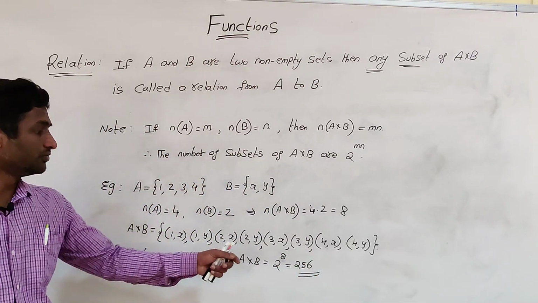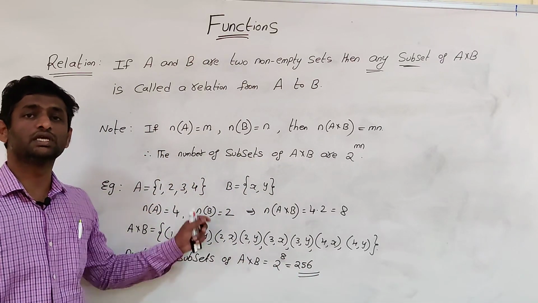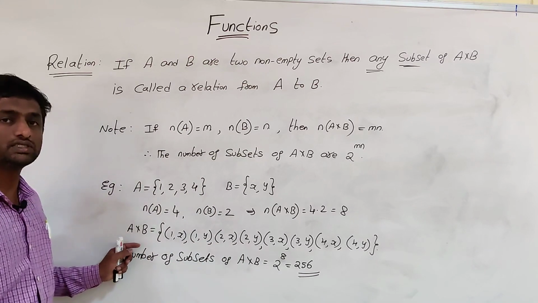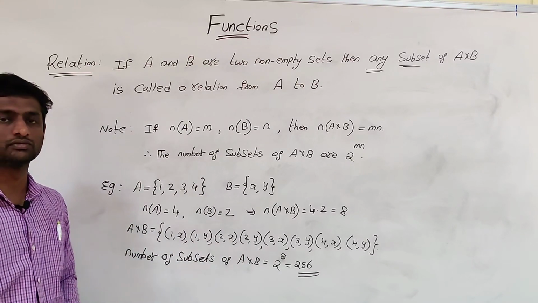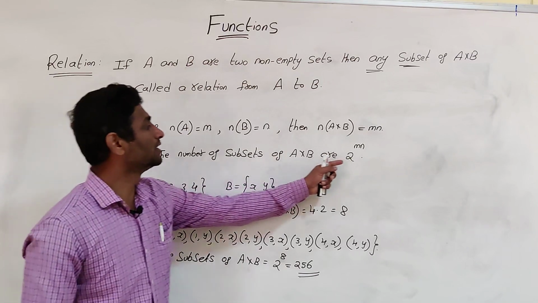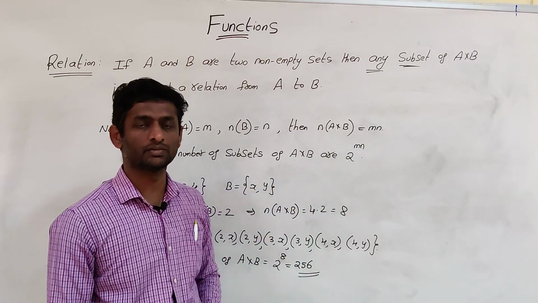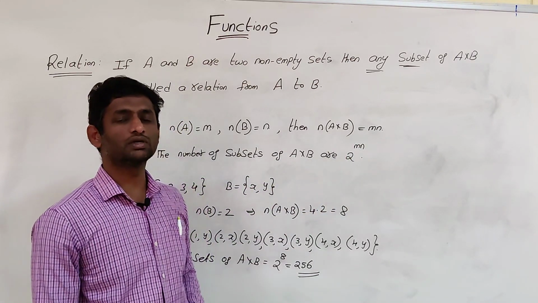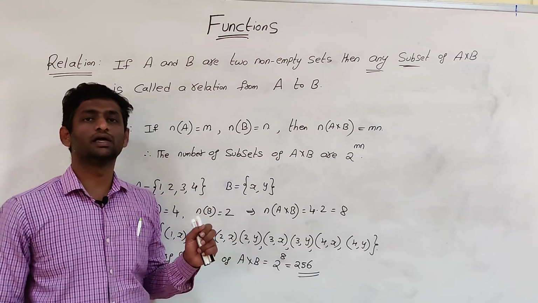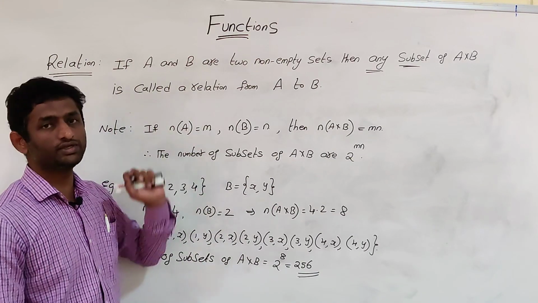So we can form 256 subsets of the set A cross B. In general, that is 2 to the power of mn. Next we'll go for the domain and range of a relation.